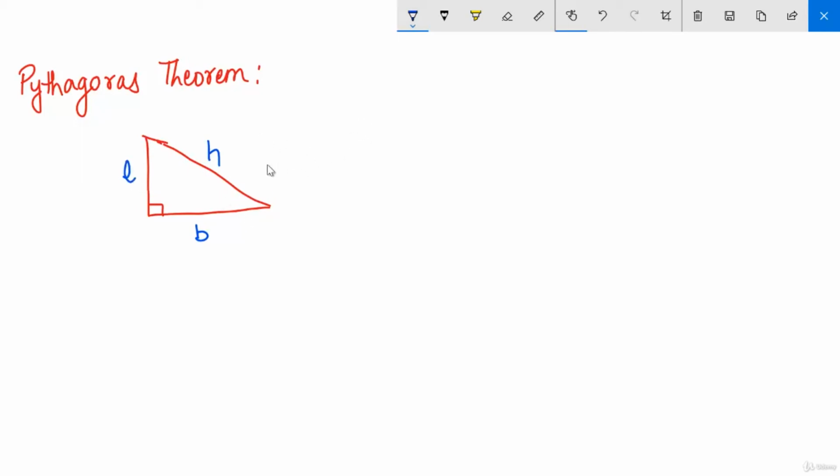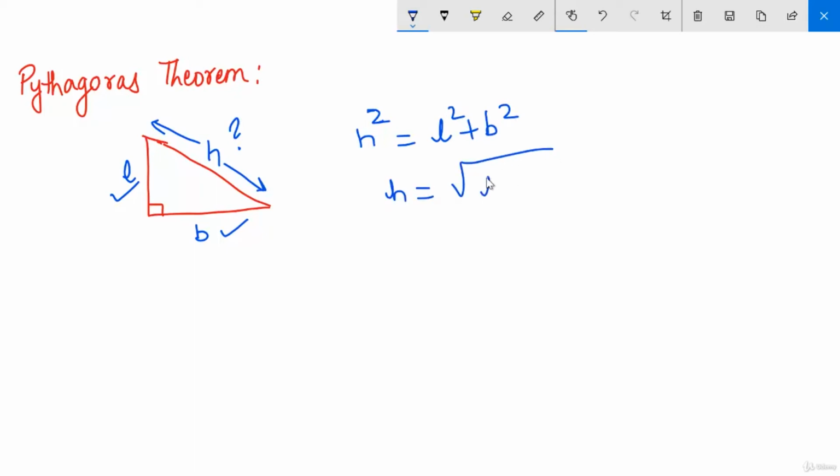Pythagoras theorem states that if you want to find this distance h, and we know the distance of base and we know L distance, but we don't know h distance, the equation for this is h square equals L square plus B square, and h equals under root of L square plus B square. This is what Pythagoras theorem states. I hope everyone is now clear with this.